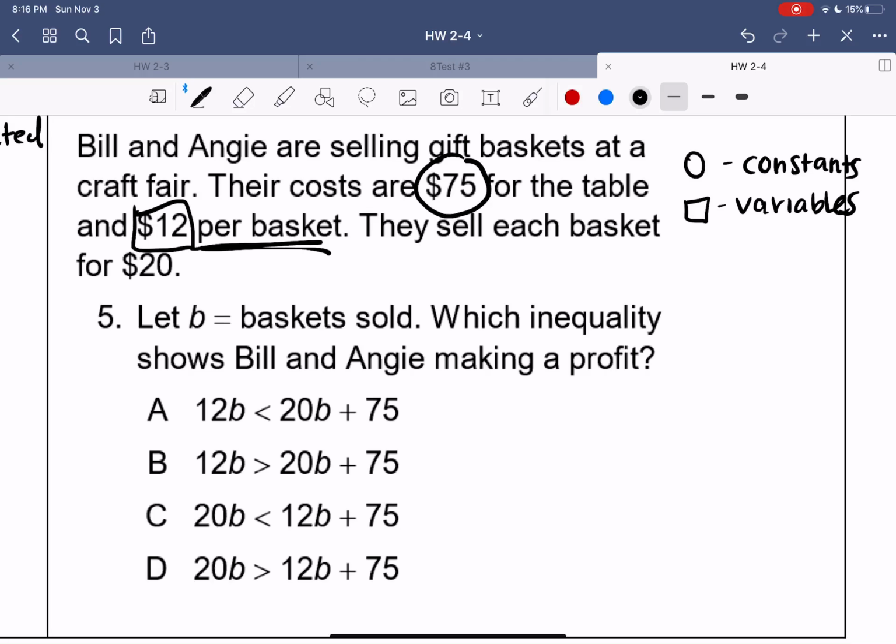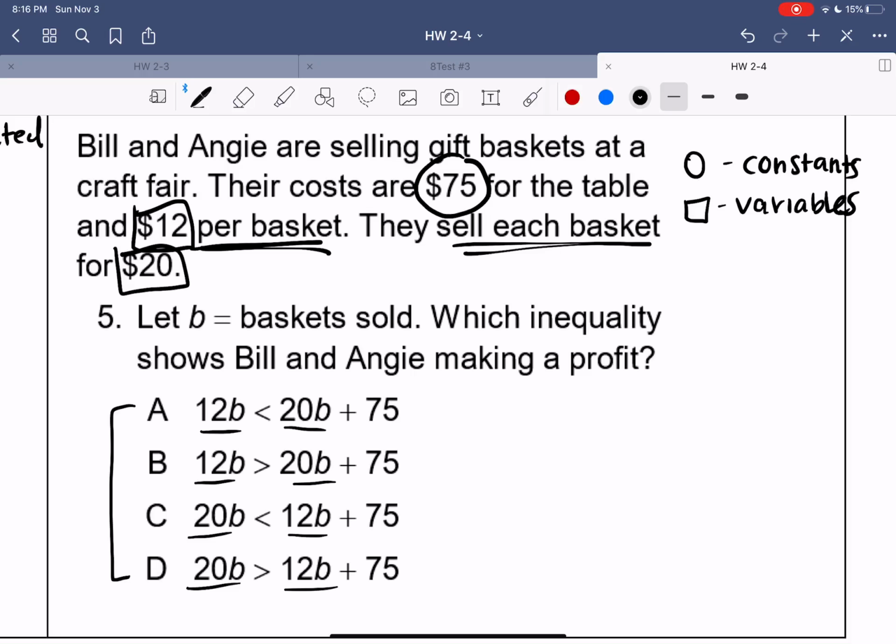And then they're going to sell each basket for $20. So it looks like each of these answer choices has the constants and variables in the correct place. So that means we need to look here.